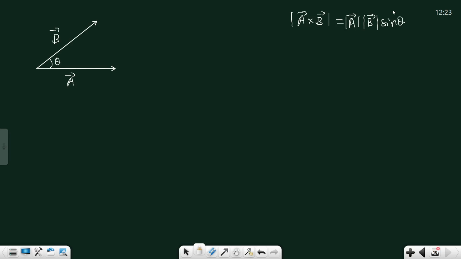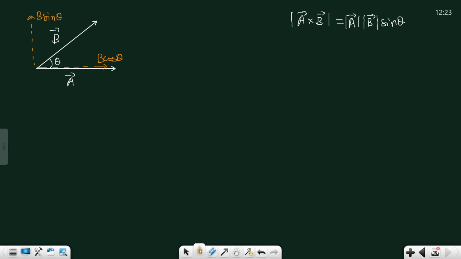So in case of dot product, you take the parallel component. In case of cross product, you have to take the perpendicular component. Which component of B is perpendicular to A? This is B sine theta, and this is B cos theta. So which component of B is perpendicular to A? B sine theta.